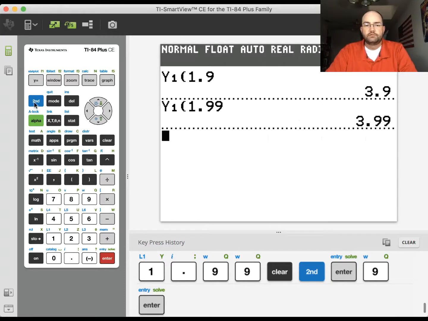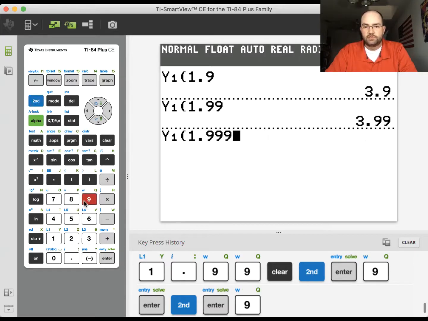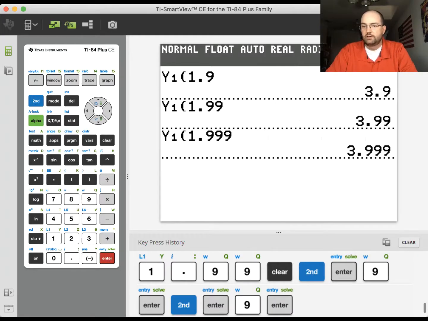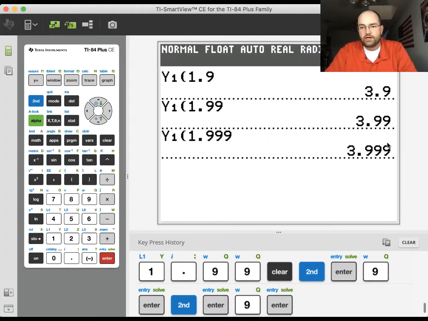Do this again. Throw on another 9, so 1.999 will give us 3.999. So the more 9s we throw on here, the more 9s we get over here. In other words, the next one would be 3.9999. And so the closer and closer we get to the number 2 here, the closer and closer this will get to the number 4.